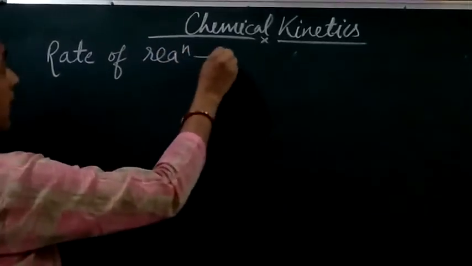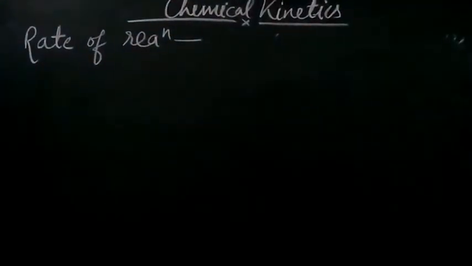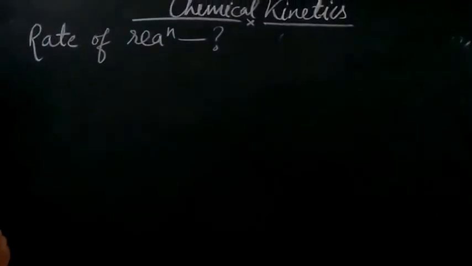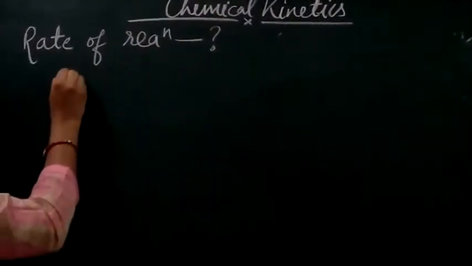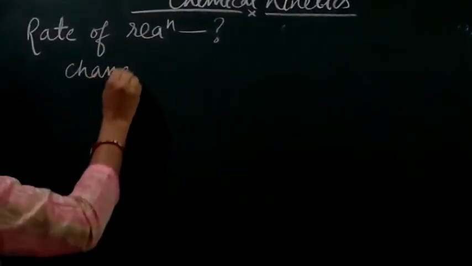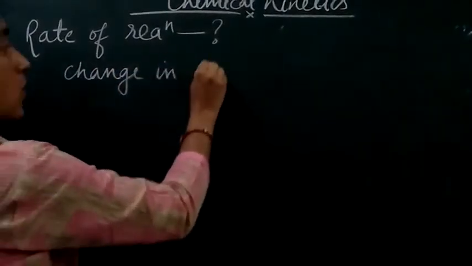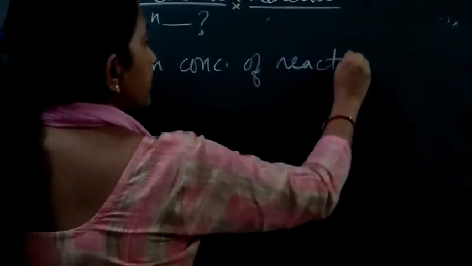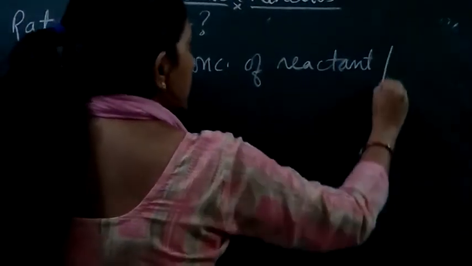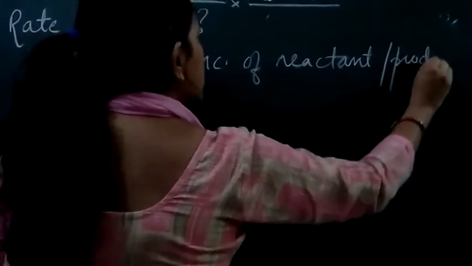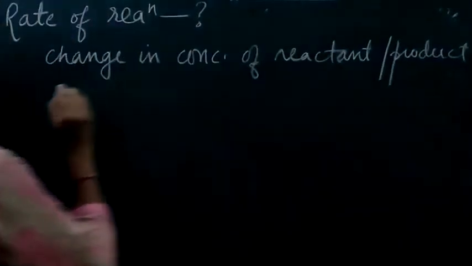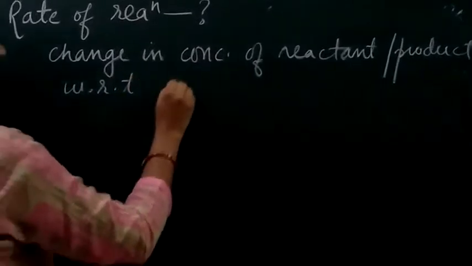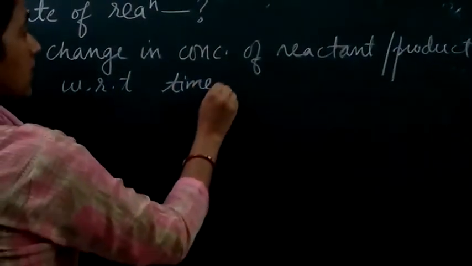Now here we are using the word rate of reaction. Now the question comes, what do we mean by the rate of reaction? Right, now the rate of the reaction is the change in concentration of reactant or product with respect to time, right?